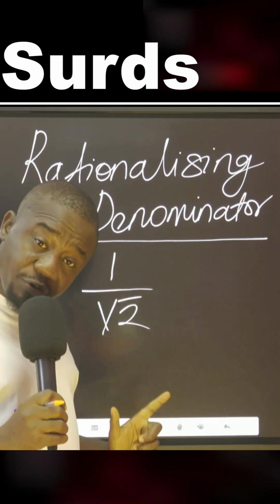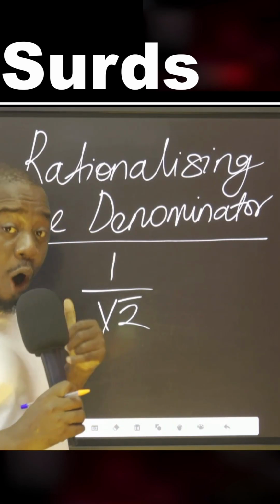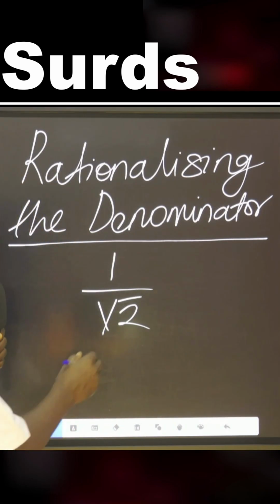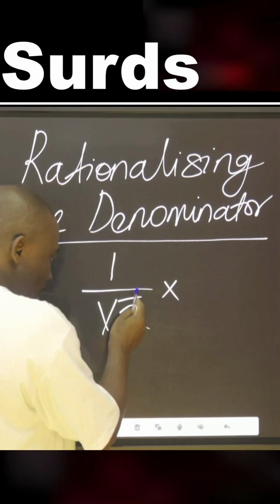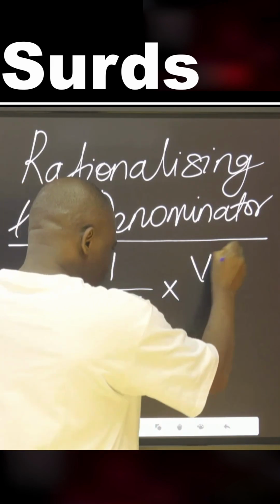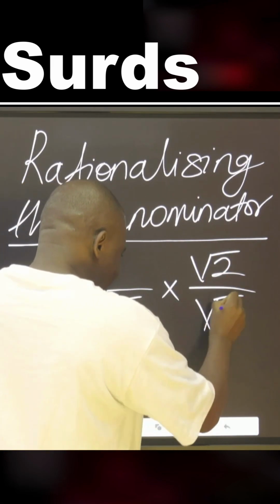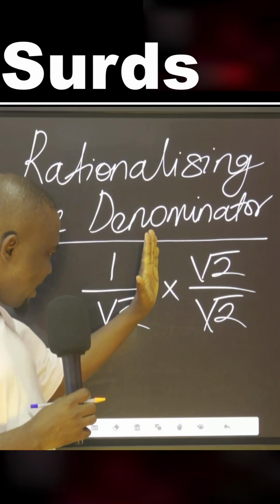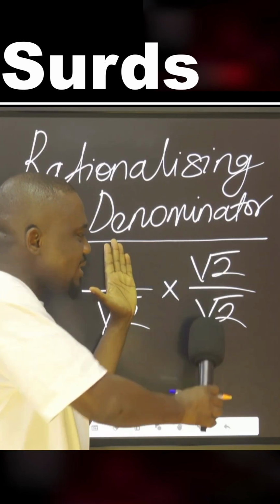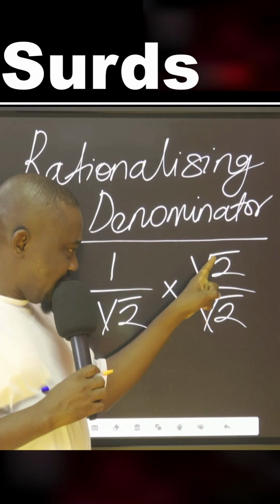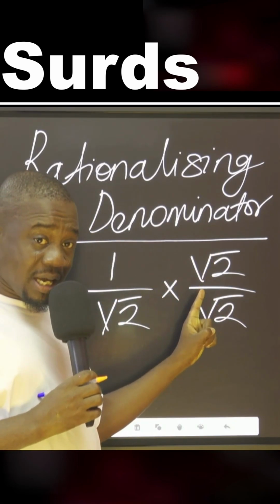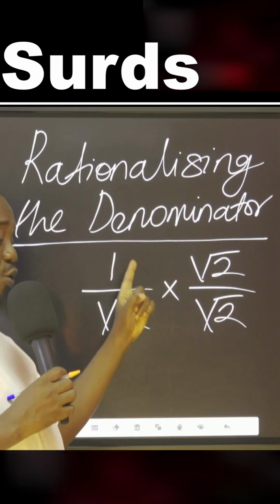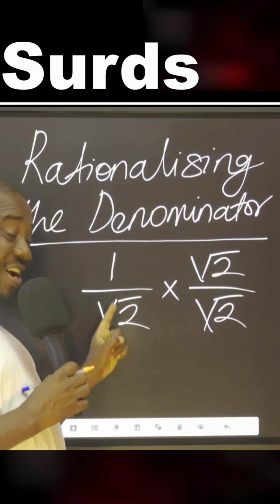To remove surd from the denominator, what you need to do is to multiply it by whatever that is here, like this. How? I have not changed this. This still remains the same, because if you look at this divided by this is 1. And 1 multiplied by this, we are still going to have 1 over the square root of 2.